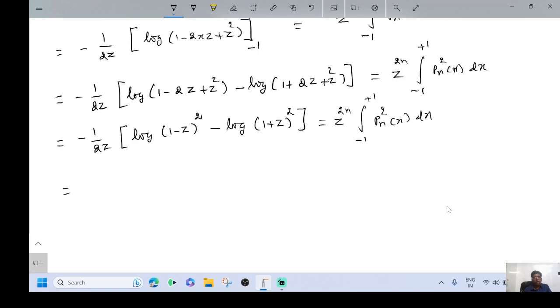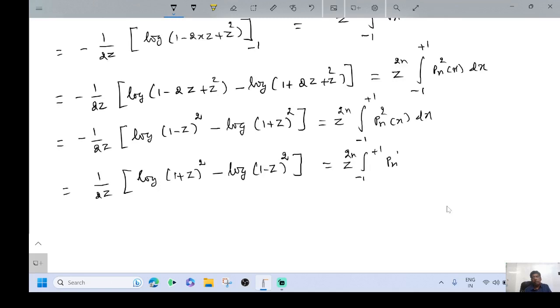Now take this negative sign internally. This is modified as 1 by 2z times log of 1 plus z whole square minus log of 1 minus z whole square. This is equal to z power 2n, minus 1 to plus 1, pn square of x into dx.